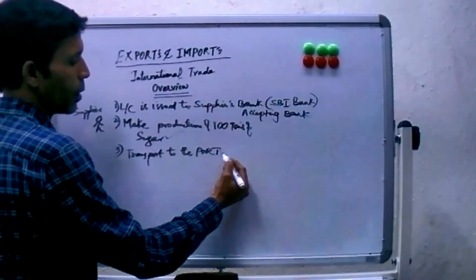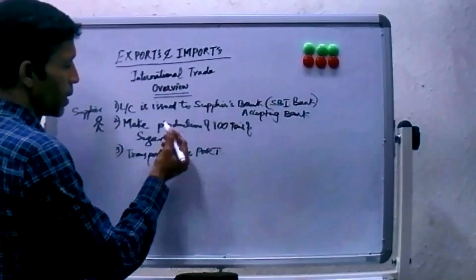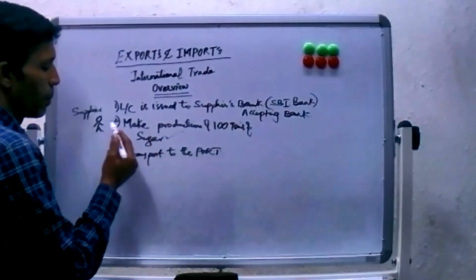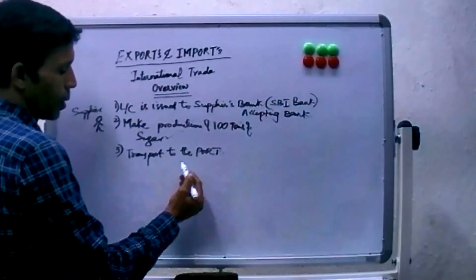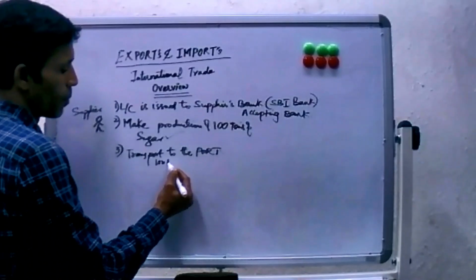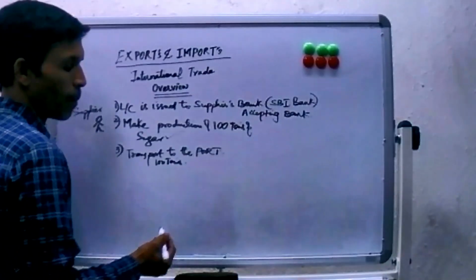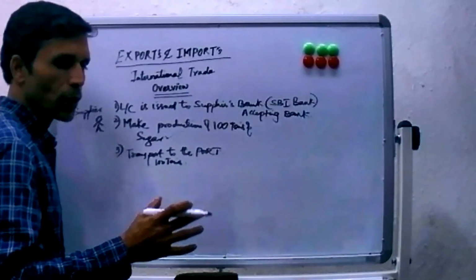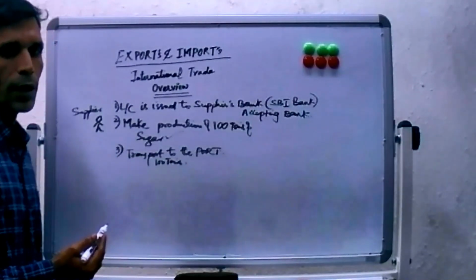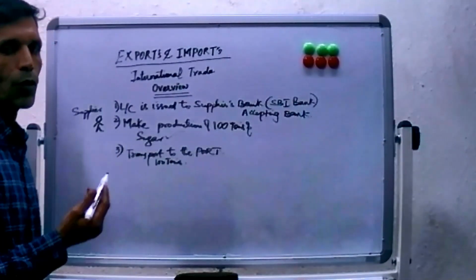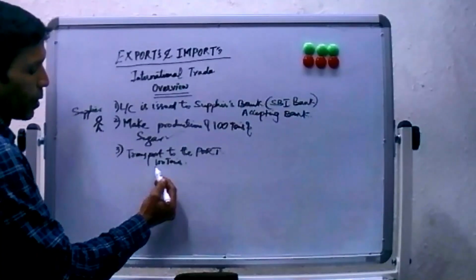Now this LC is in the supplier's name. The supplier is happy, and he is transporting the 100 tons of sugar in packages. Let us say if it is a 20-ton trailer, then it takes maybe 5 trailers to transport 100 tons.